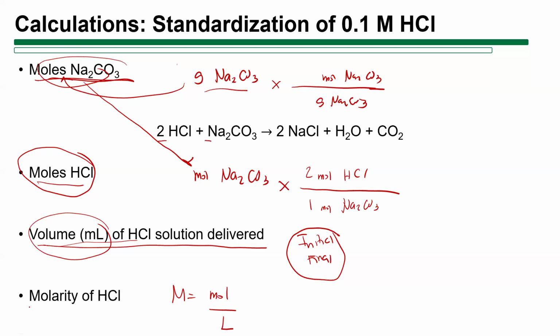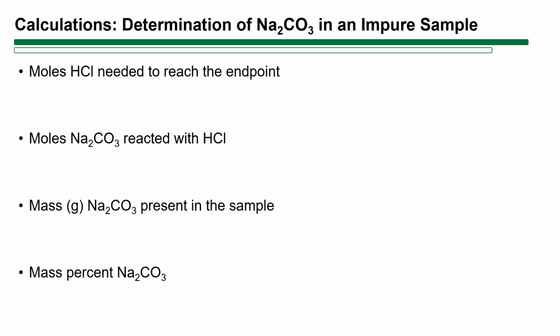Now, this is important before you do your calculations for the third part. You only need the molarity of HCl if you are now doing the calculation part of part 3, the determination of sodium carbonate in an impure sample.